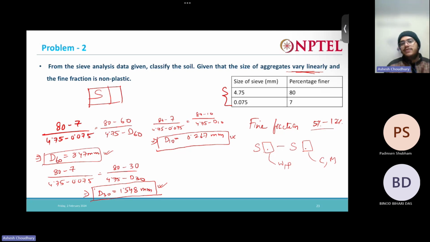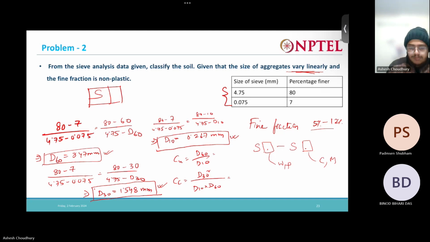Now as we know D60, D10 and D30, please calculate Cu and Cc, the same way you calculated in the previous problem. What is Cu? Cu is D60 by D10, and Cc is D30 square by D10 into D60. Please calculate Cu and Cc. Yeah, so Cu will be 12.97.